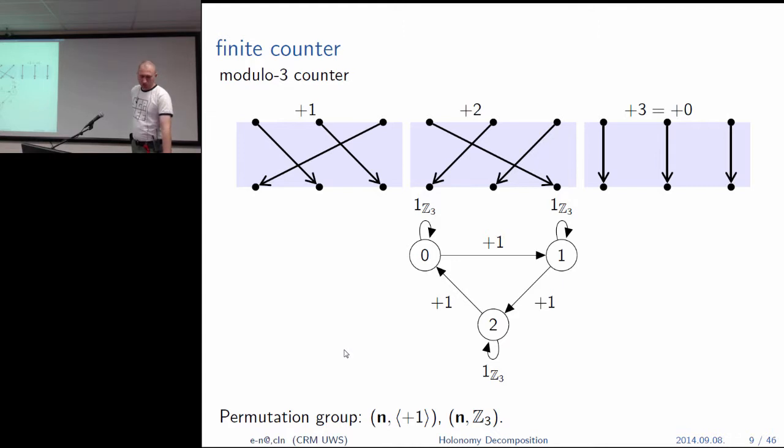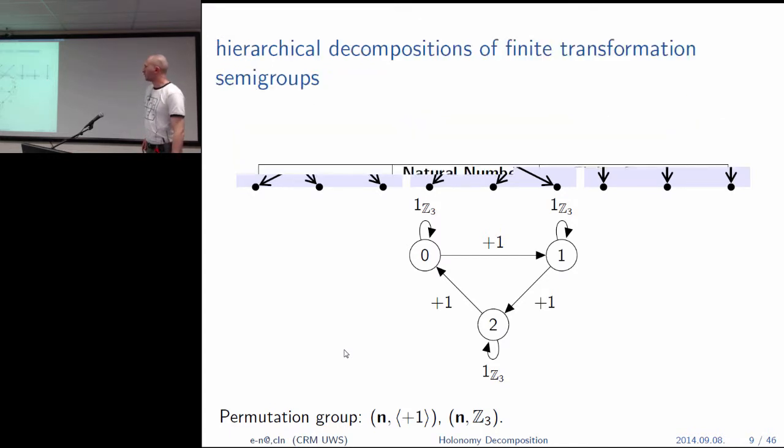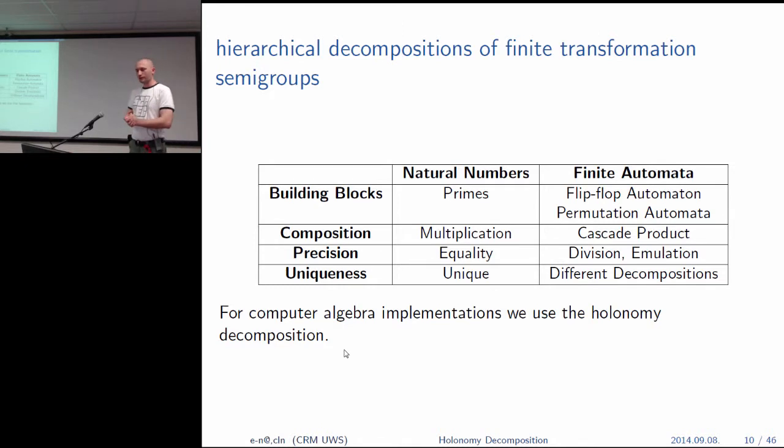But of course, permutation groups are transformation semigroups, so this is just another example of those. Okay, so here is the basic idea, the main metaphor here, that we would like to do the same prime decomposition for finite state automata or finite transformation semigroups, and it makes sense to review this analogy.